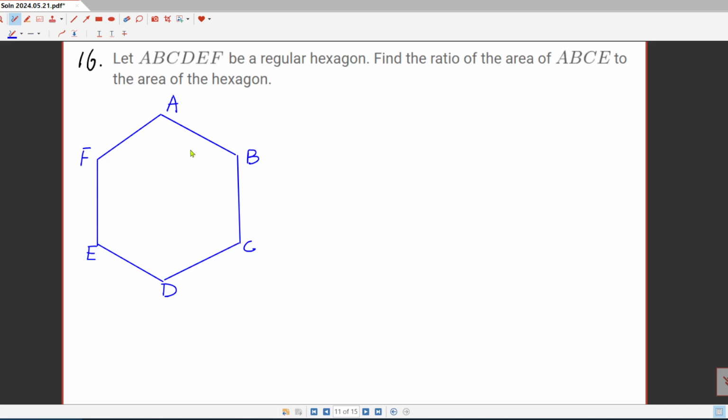And we need to find the ratio of the area of ABCE to the area of the hexagon. So in this figure, for example, we draw the altitude from point D to EC and let the foot be X here.